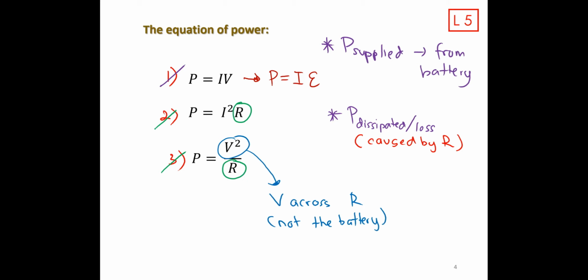Same goes for equation number 1 actually. If you want to use P equals IV to determine the power loss, you have the V also right here. Make sure your V is the V across the resistor. That's it. Just be careful with your electric potential V.